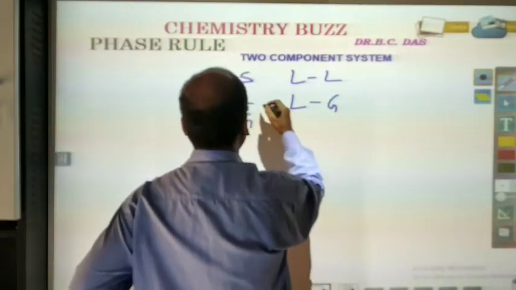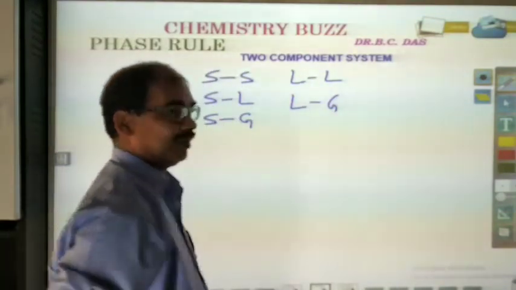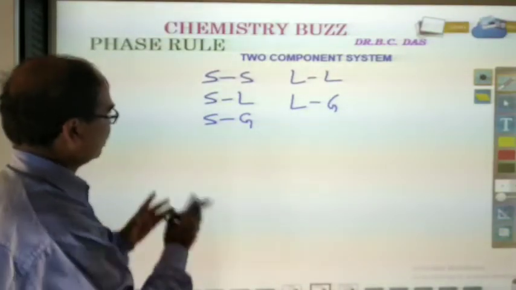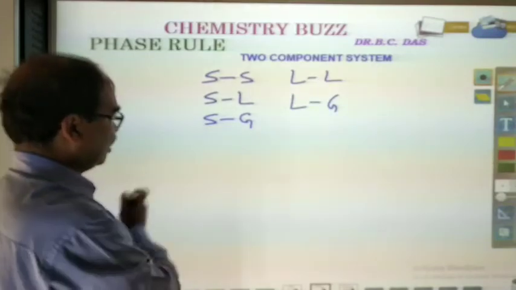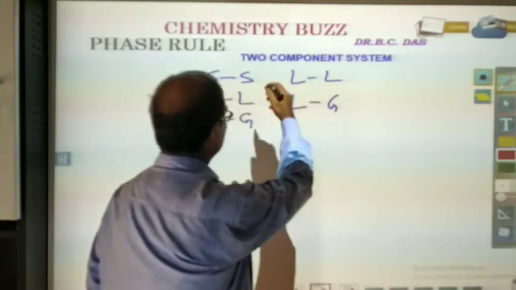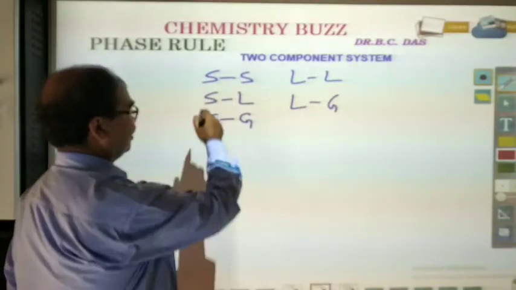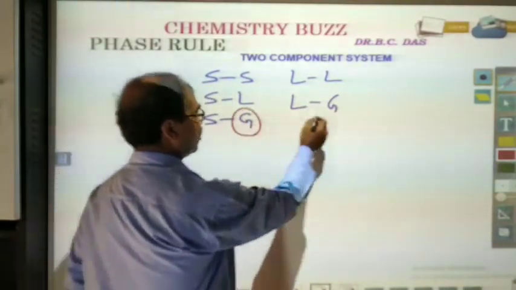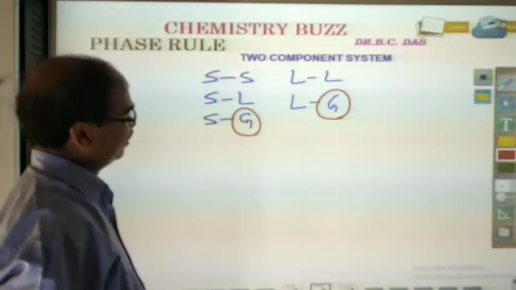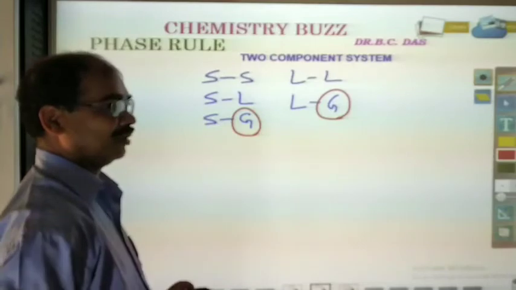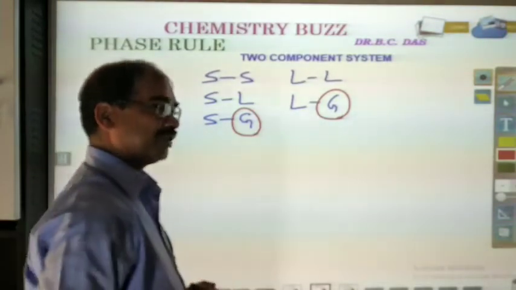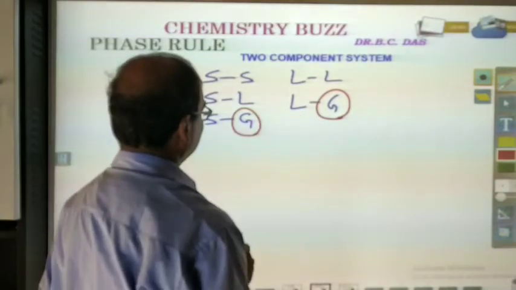These are different possibilities of equilibrium in 2 component system. Considering this, if in the equilibrium the gaseous component is absent, then there will be no contribution of the pressure.